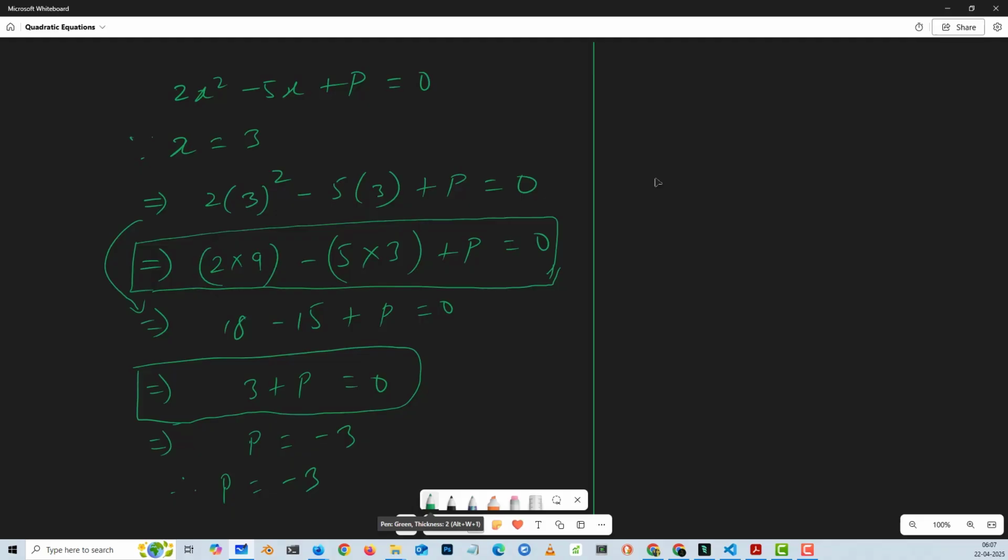So what you can do, you can write like this: solution. Given 2x square minus 5x plus p equals to 0 and x equals to 3.